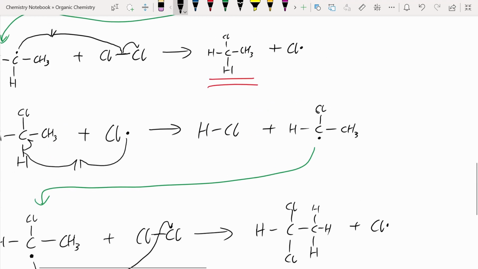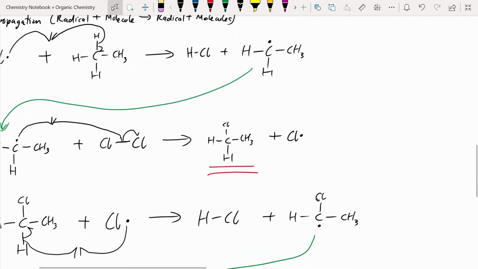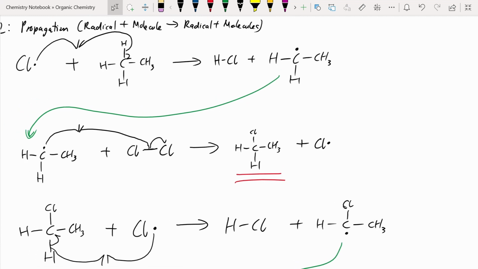So notice how each of the equations forms a radical. In this case, this radical will always go back to the earlier equation to react with a molecule to form even more radicals. So in a sense, this is what you call a chain reaction. You will always see the chlorine radical being consumed and then regenerated, and then consumed and regenerated.